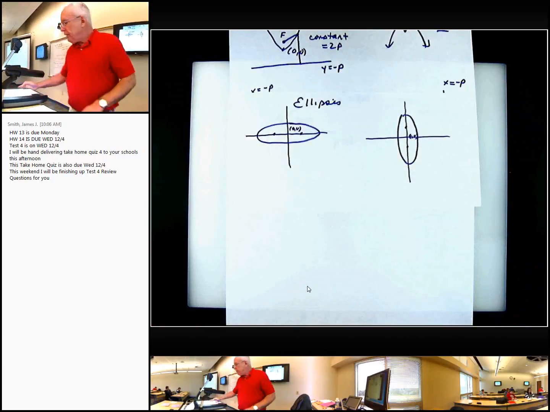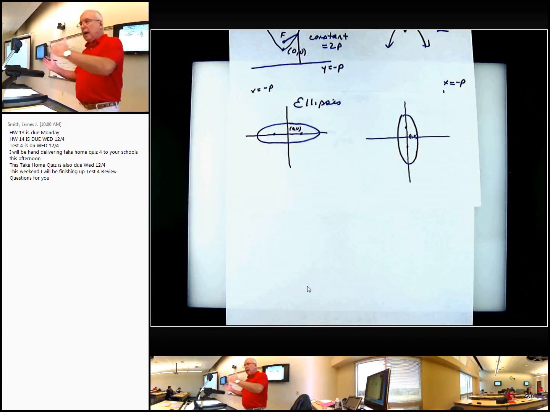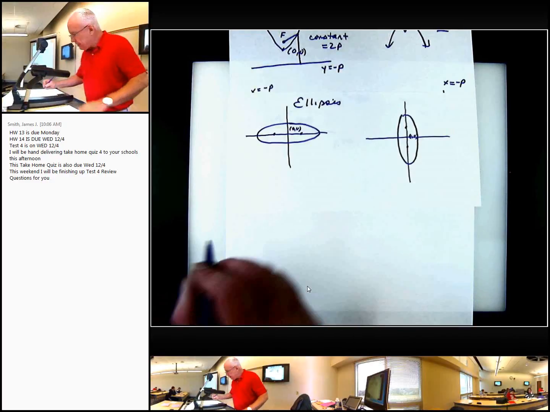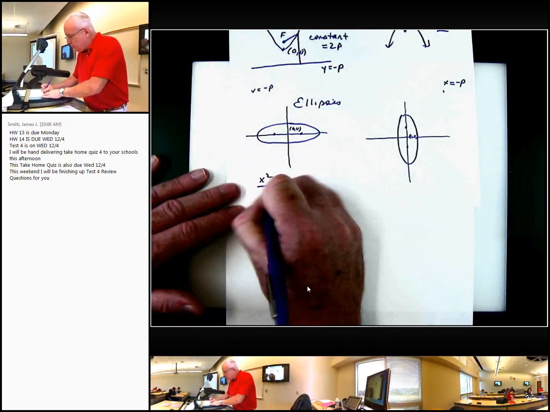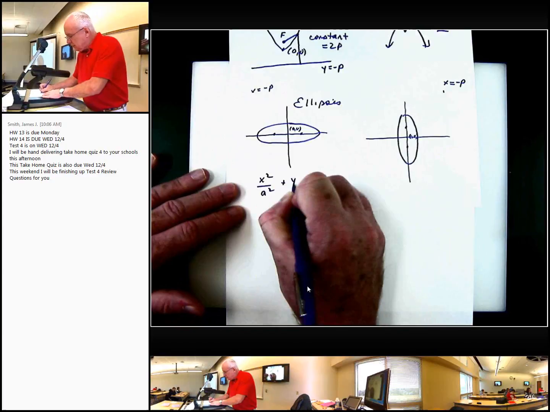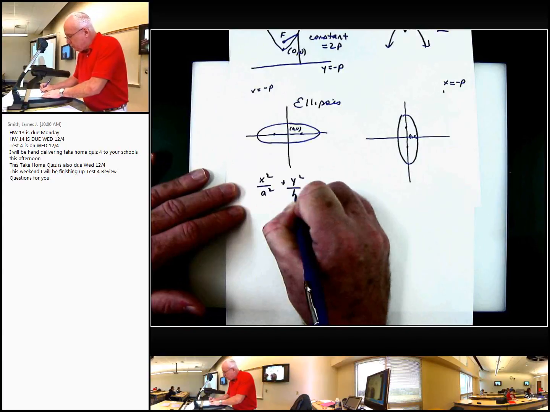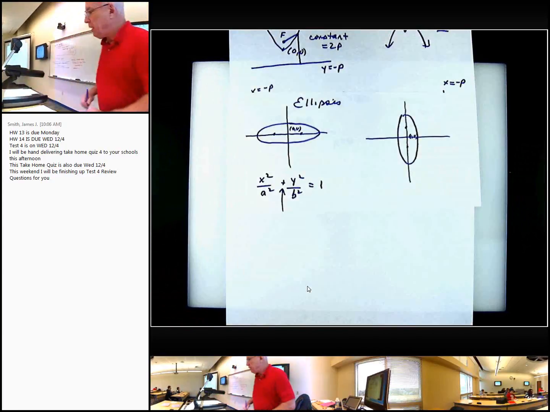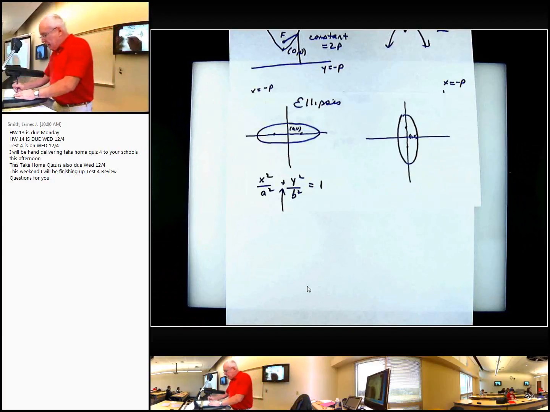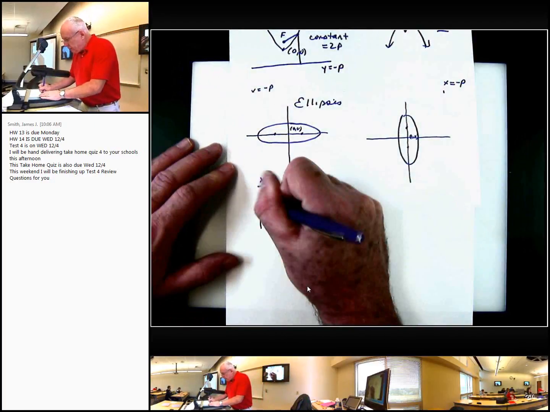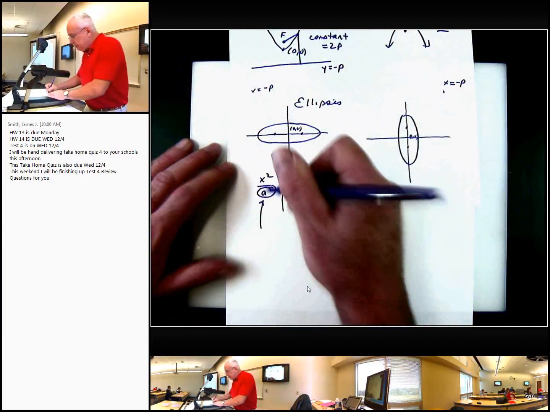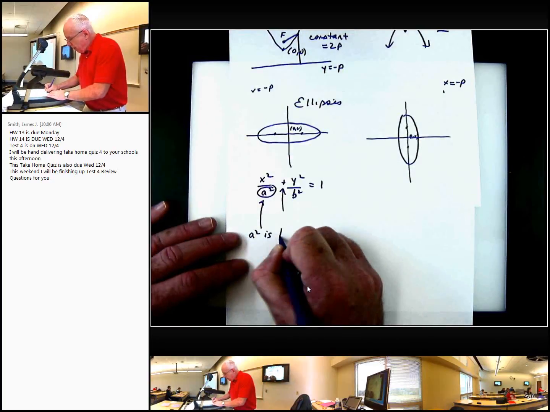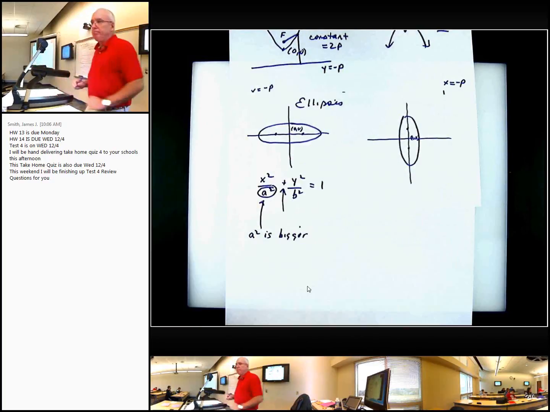Okay, if the ellipse is going sideways, so to speak, it's going to have this formula: x squared over a squared plus y squared over b squared equals 1. So we have a plus for the ellipse. If it is going sideways, the number under the x squared is the bigger number.